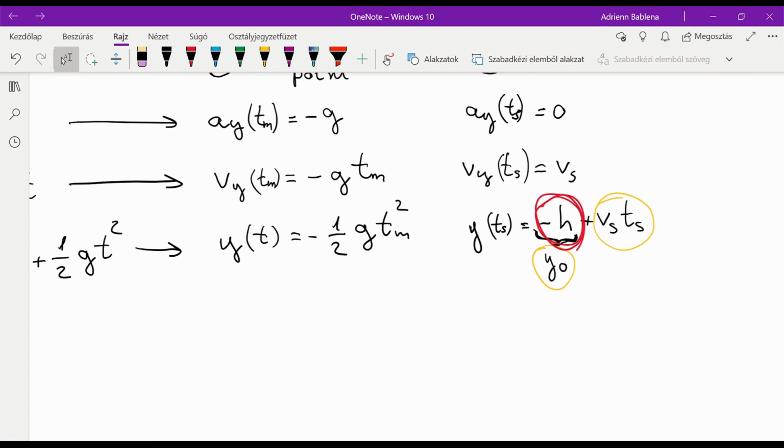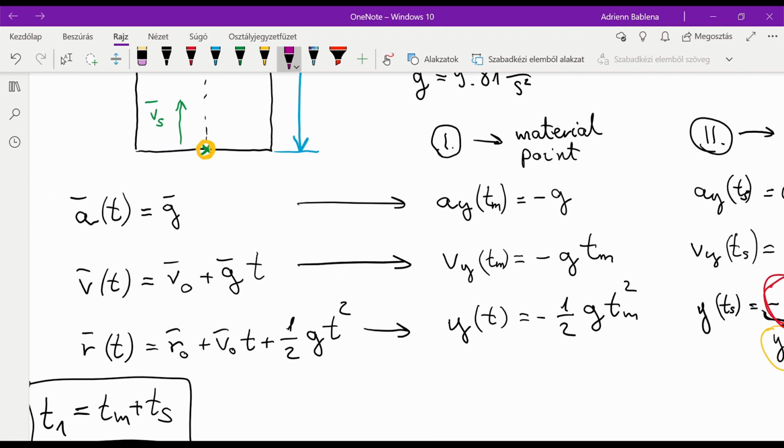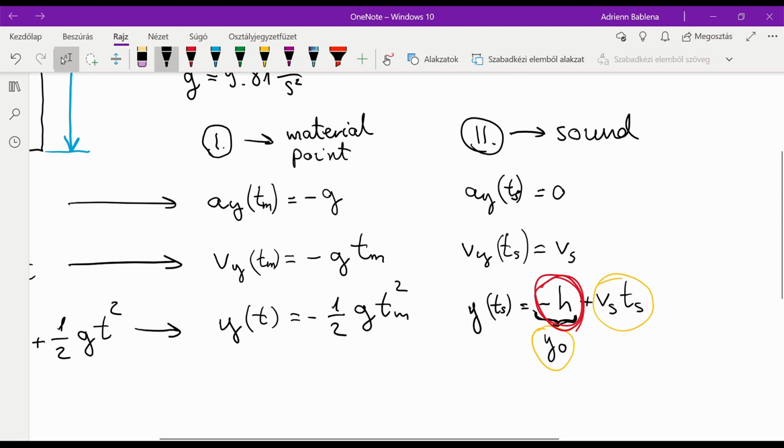What we know. What we also know is that in the first part we wrote our equations for the end of the movement. So we wrote our equations to this point at the bottom of the hole. And because of that, we know the end position of the material point.